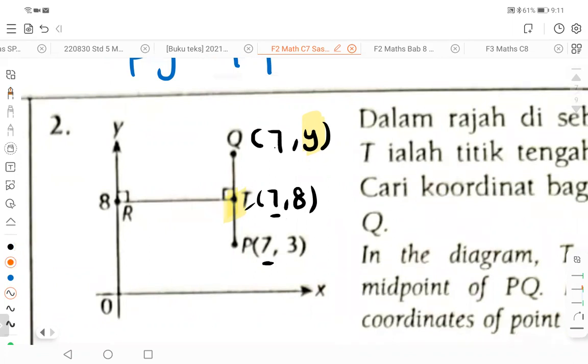Why do you know it's 13? Are you using the formula? Without calculator, without the formula, by looking at the diagram, we can get the answer directly.